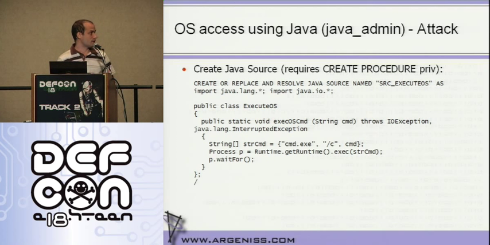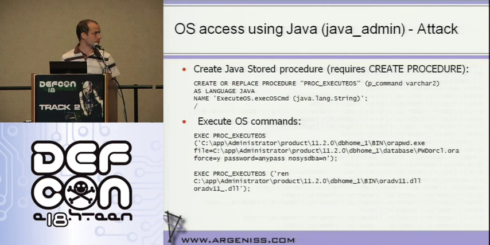After that, I create a Java source that will take one argument, that is the command that we want to execute. And then I create a Java stored procedure that will call this Java method, so we can use it in a standard PL/SQL program.